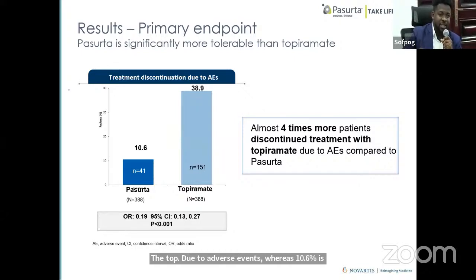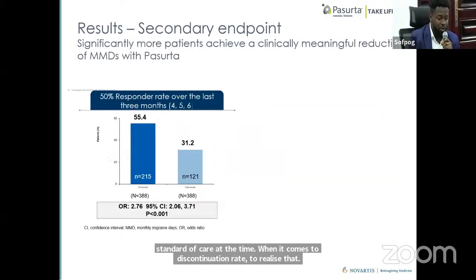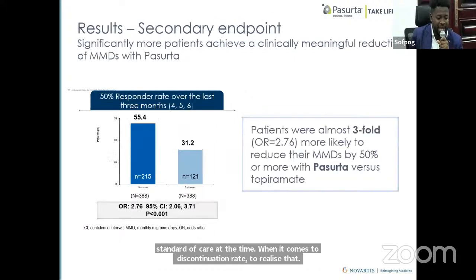The researchers said almost 4 times more patients discontinued treatment with topiramate due to adverse events compared to Pasuta. So when it comes to continuation rate or adherence rate, Pasuta also offers you better. Versus the standard of care at the time, topiramate was hugely discontinued while Pasuta was hugely adhered to.